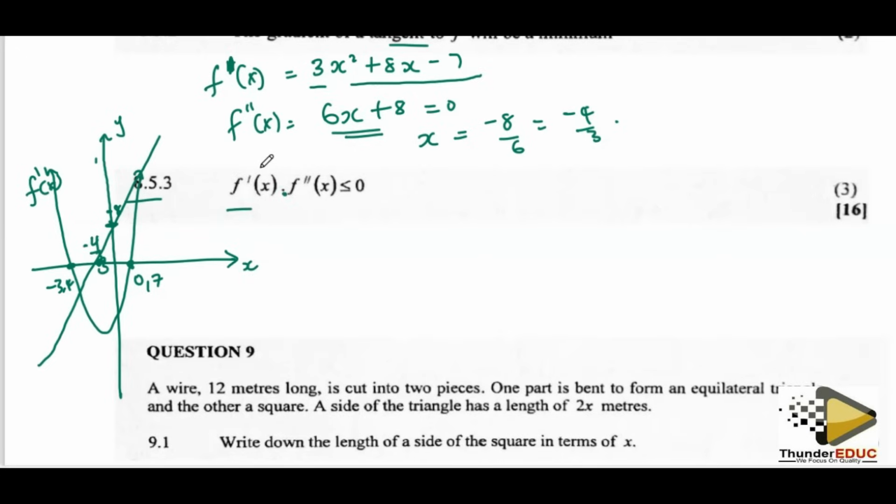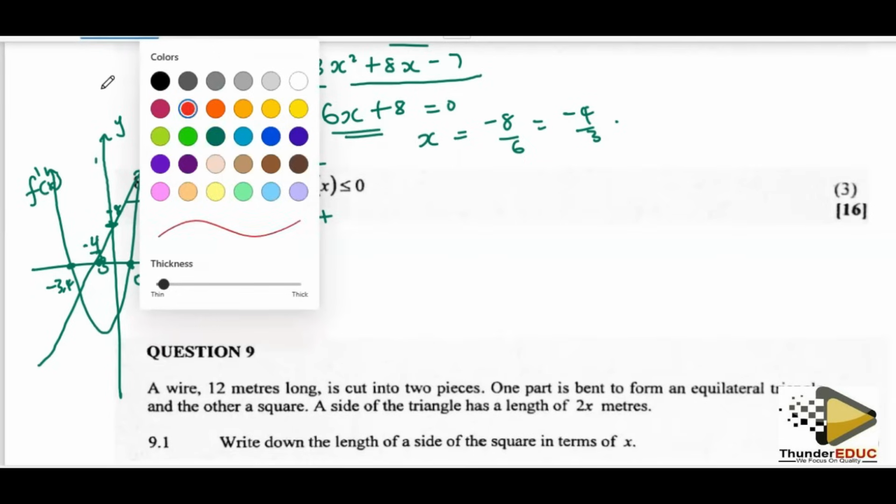So what this means is that for two functions multiplied to be less or equal to 0, one of them must be positive and the other has to be negative, or negative and positive. So we need to look at those conditions before we can come up with the solutions.